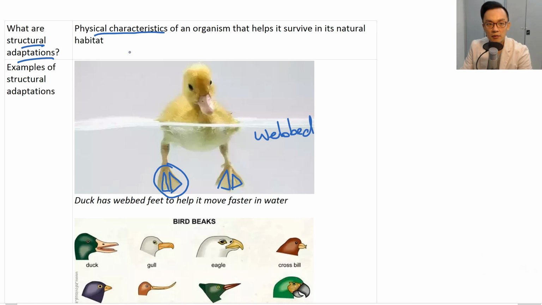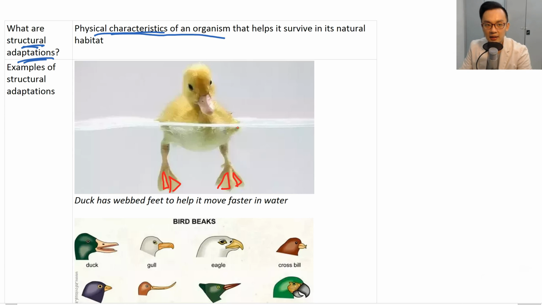So physical characteristics. These are structural adaptations. They are physical characteristics of an organism. And you can see the webbed feet of a duckling over here. These are the webbings, and this is what the duckling or the duck actually is.